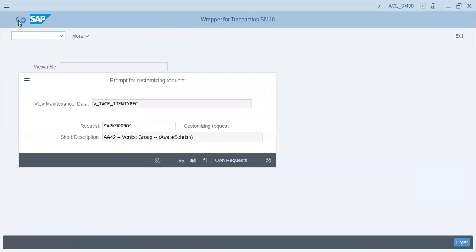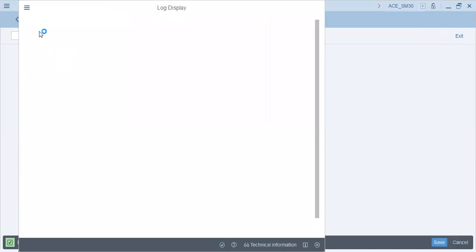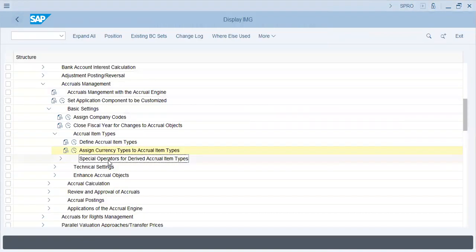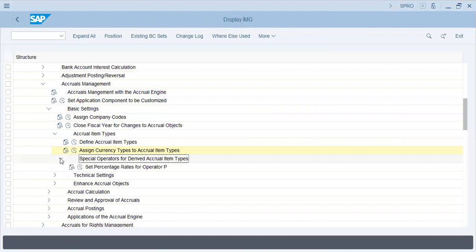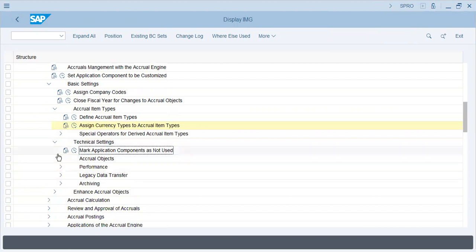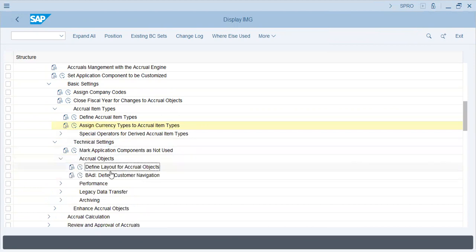But this is the process that you have to learn. Enter. Okay. Special operators, technical settings, accrual objects. Just a minute.